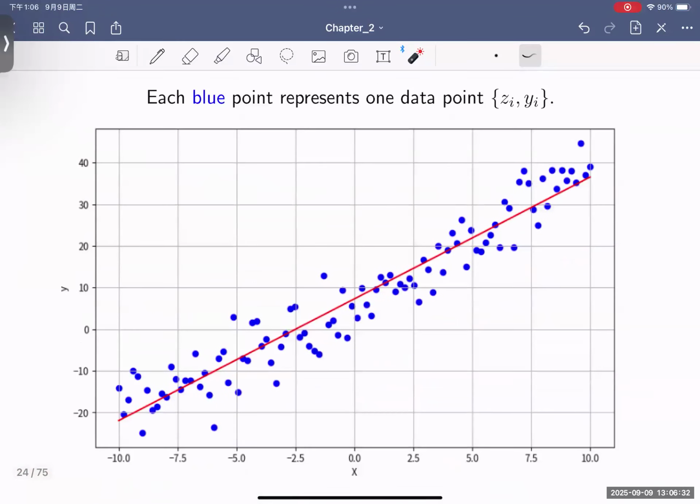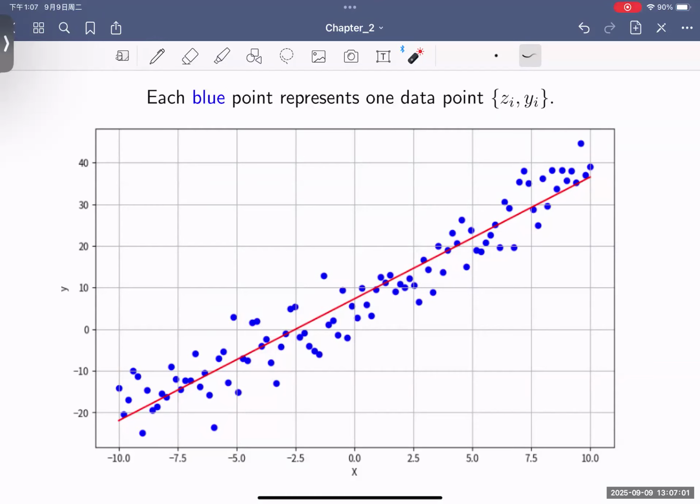Of course, you can find a function that makes f(z_i) exactly equal to y_i. This function is like connecting all the blue points. If you use a line to connect all the blue points, the corresponding function makes f(z_i) exactly equal to y_i.